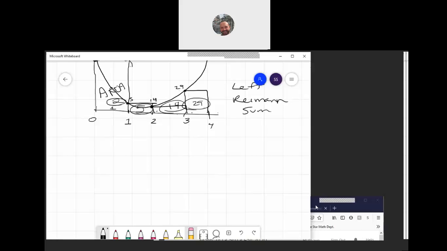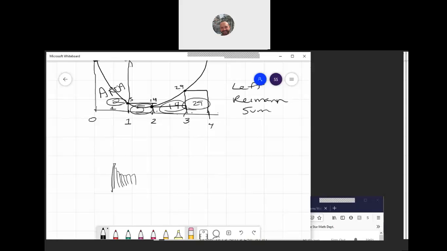The other two, 2 to 3 and 3 to 4, the rectangles went below the curve. So the 2 to the left overestimated the amount of area, and the 2 to the right underestimated the amount of area. So they're kind of negating each other a little bit right there. So it's kind of giving you the total area under the curve is somewhat accurate. But again, when you start dividing this up into more and more rectangles, you get little slivers of rectangles under the curve, or perhaps even over the curve. But you get a lot more accuracy with that.